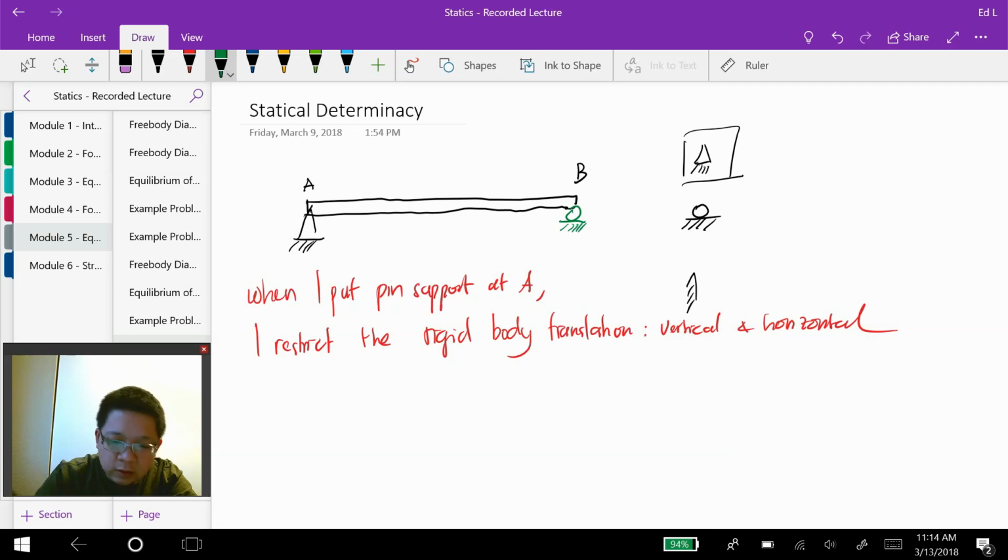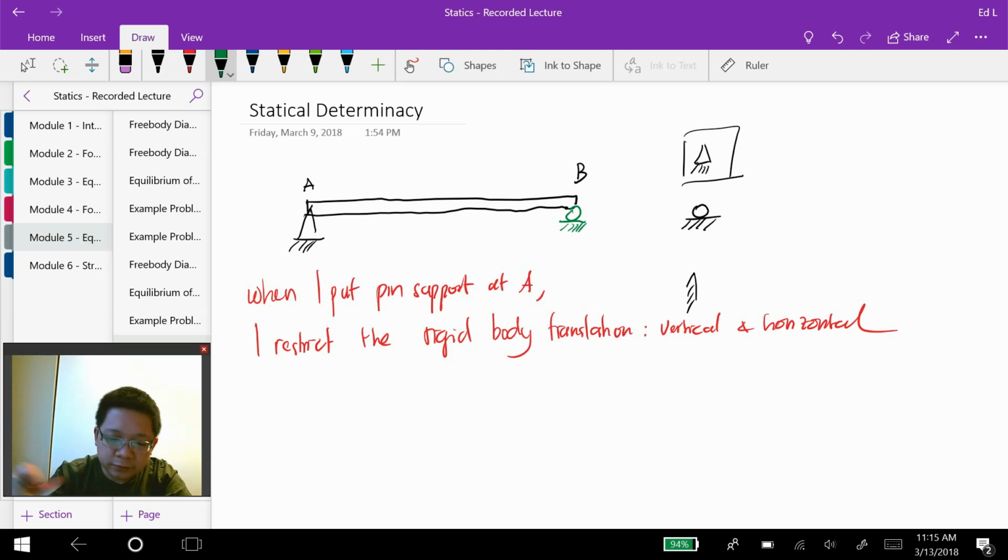So we have the pin here and a roller here. Because the pin cannot translate horizontally or vertically, and when we put another roller here, it holds this beam intact and stable in a two-dimensional plane, such that all of the rigid body motions are now restricted.